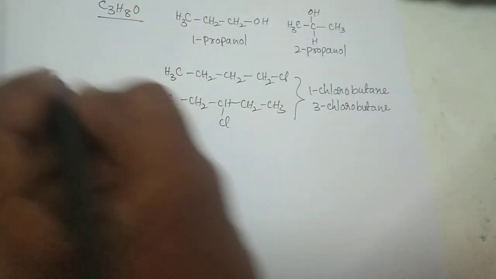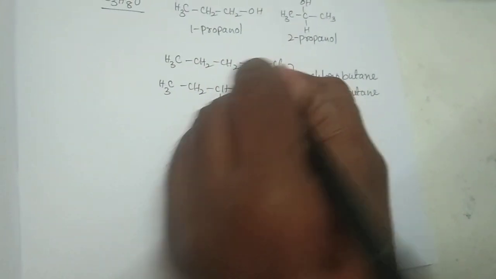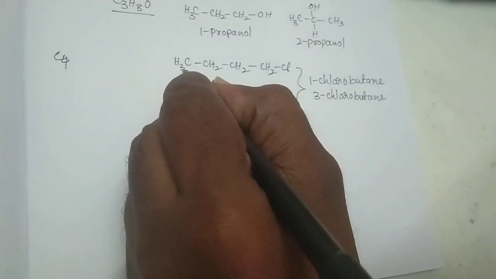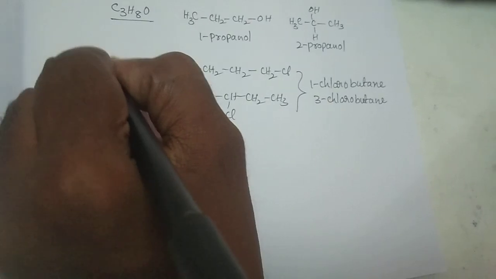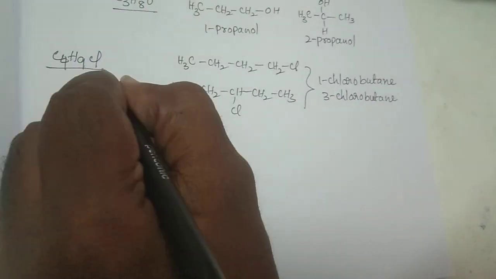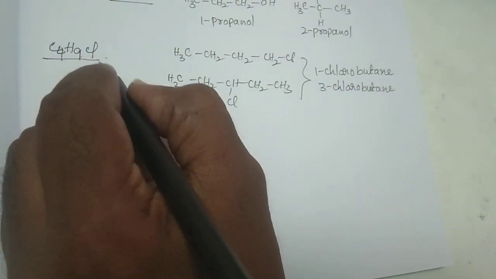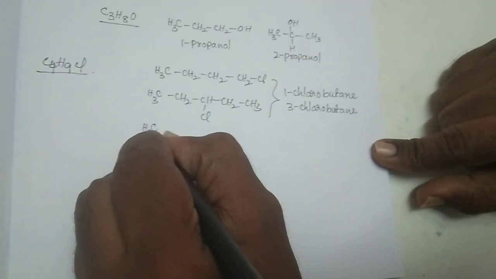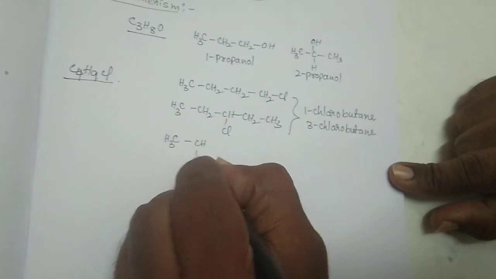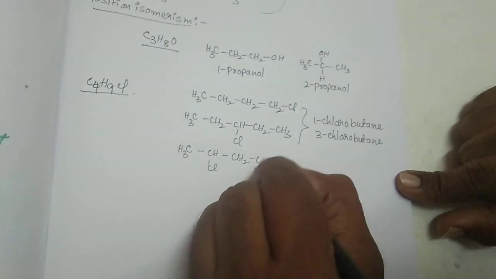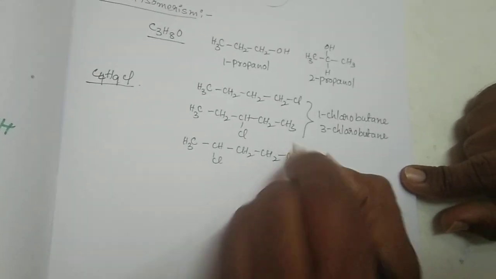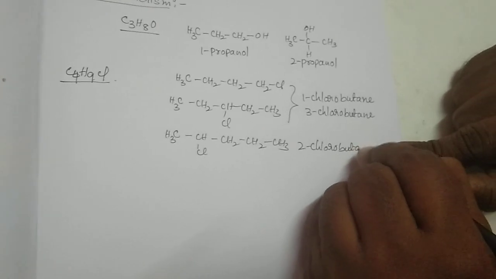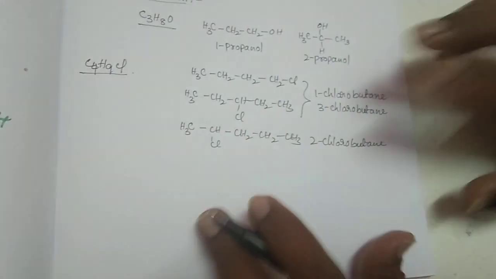You can see the molecular formula has 4 carbon atoms and 9 hydrogens, so the molecular formula is C4H9Cl. So these are the position isomers.